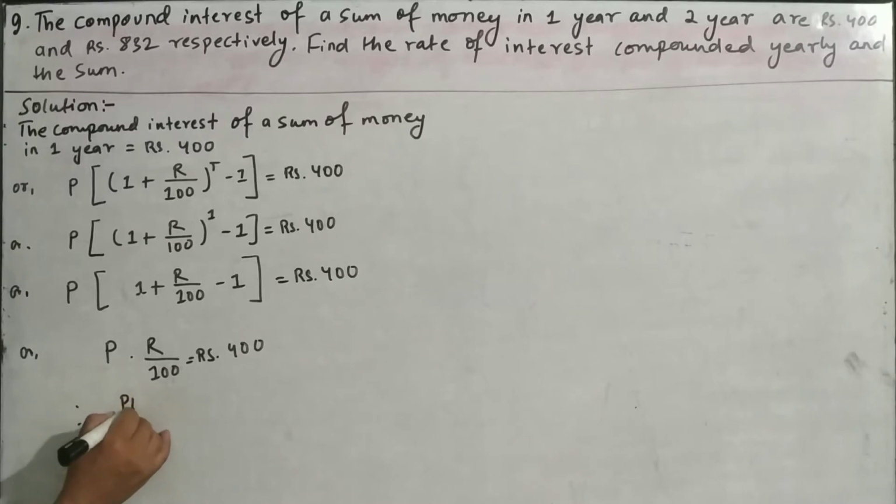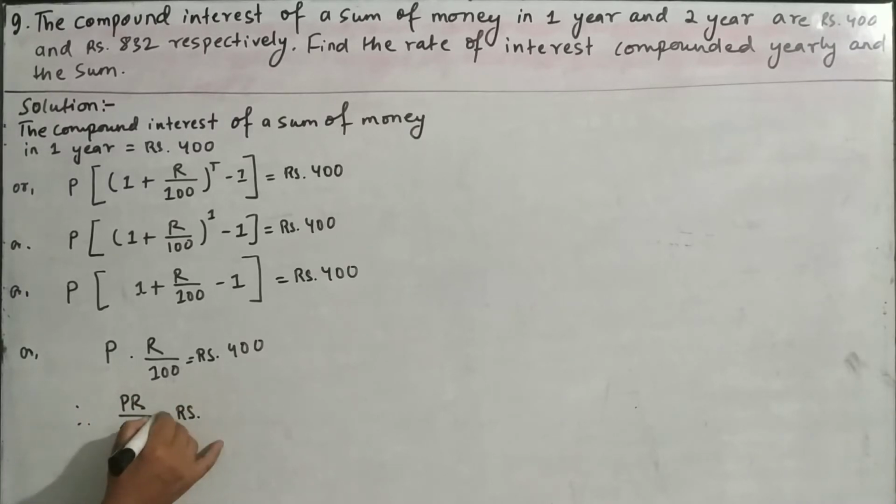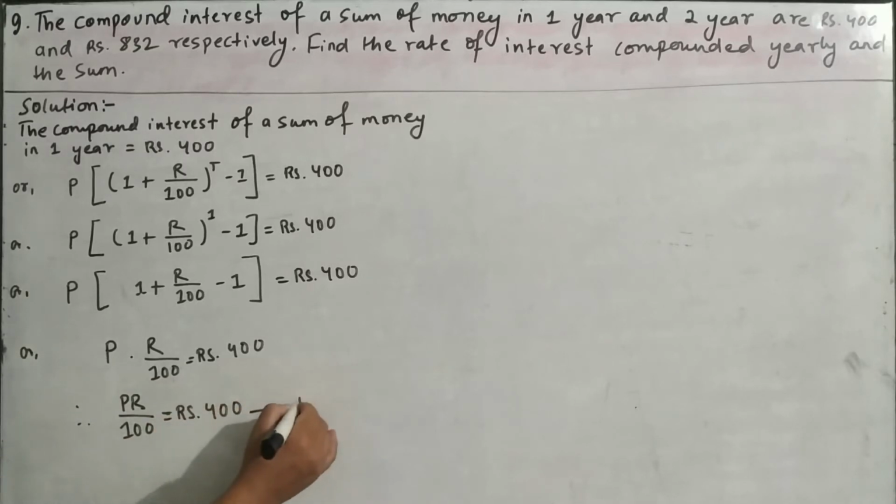Therefore, PR/100 = rupees 400. Let us call this equation 1.